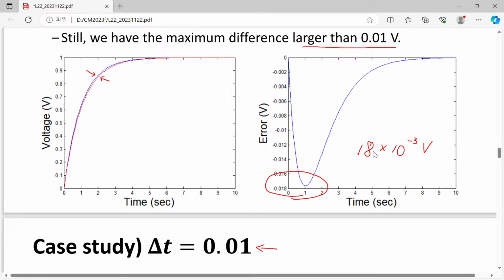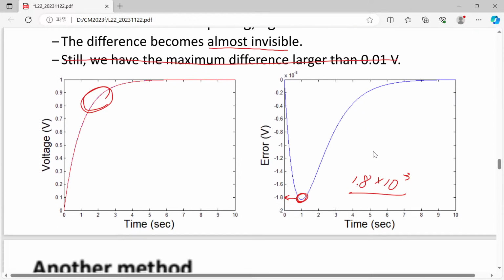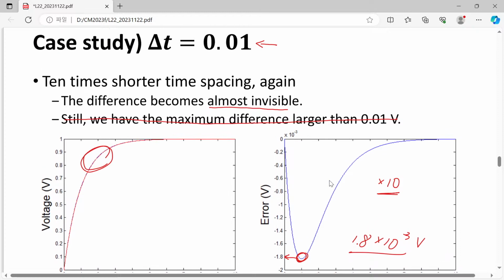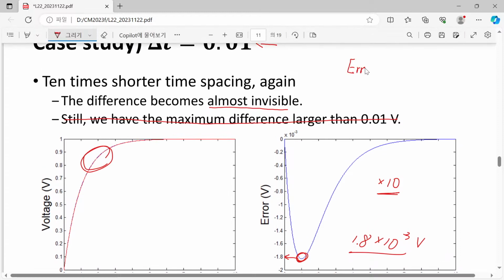And you can see that here we have 1.8 times 10 to the minus 3 volt. What is the difference between this and that? You can understand there is a 10 times reduction of what? Reduction of your error. I mean that, simply speaking, your error is proportional to delta t.